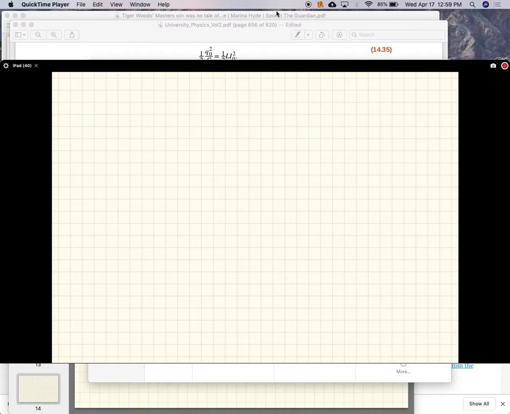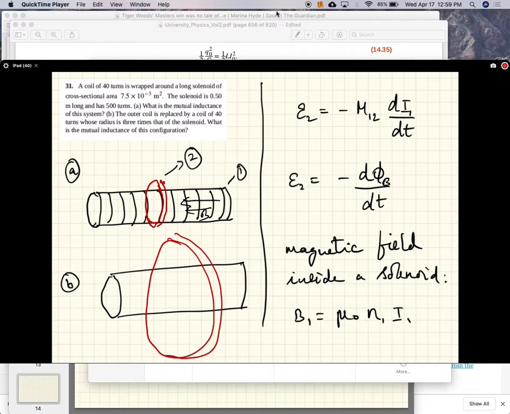All right, so now let's go back to the EMF in coil 2, which is the time rate of change of magnetic flux through coil 2.